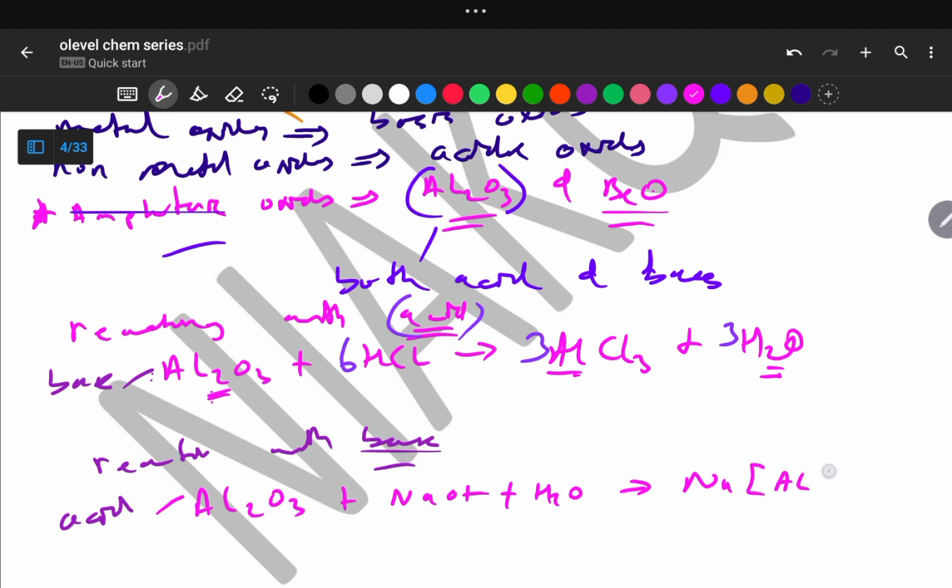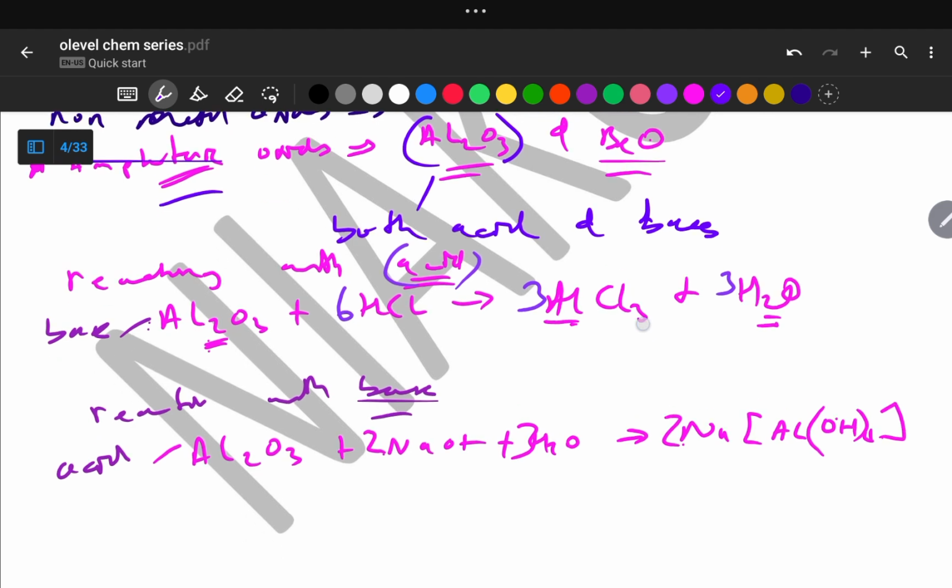So this is a complex ion, sodium aluminate. We have what we call complex ions in transition elements. We're going to explain much on complex ions later, right? For now just appreciate these two equations. So these are the equations to explain the amphoteric nature of aluminium oxide. Are we together?